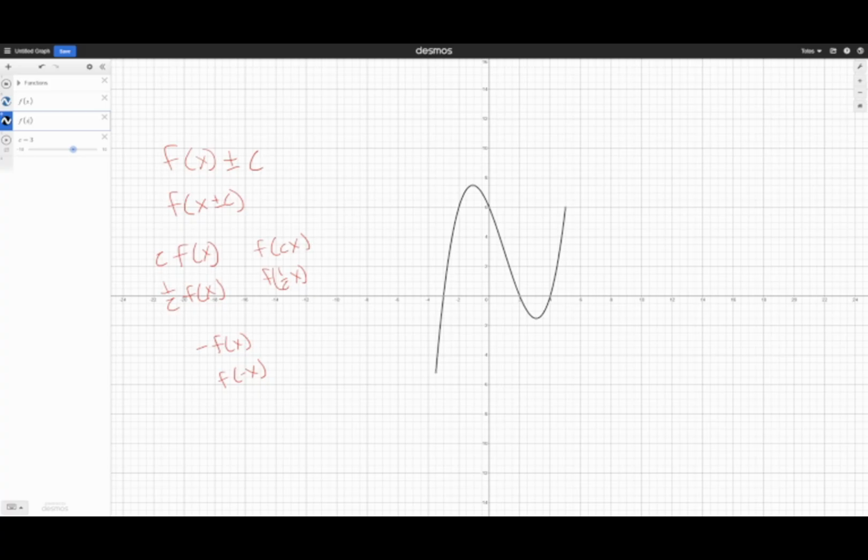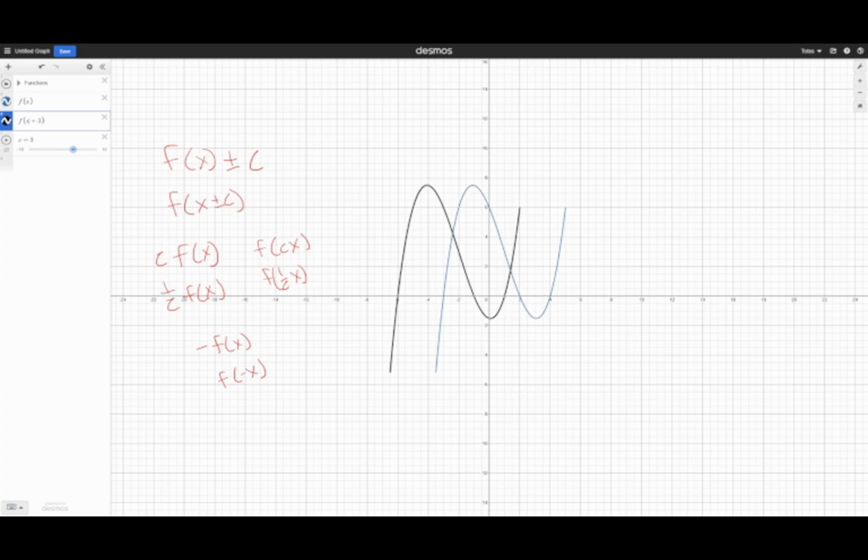So we have to choose smaller domain values or smaller inputs in order to produce those same outputs, which effectively is going to shift us to the left. Watch. See? So we've shifted left instead of right, which would be normally what happens when you add. So we've shifted the graph into the negative. And again, that's because we need to use smaller domain values to produce the same range outputs.